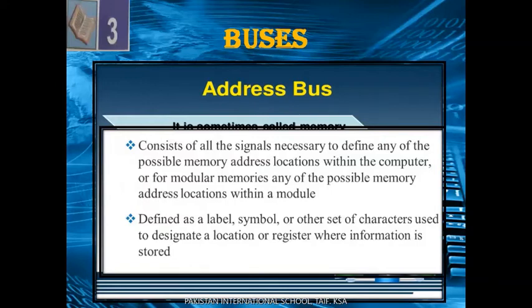It consists of all the signals necessary to define any of the possible memory address locations within the computer, or for modular memories, any of the possible memory address locations within a module. An address is defined as a label, symbol, or other set of characters used to designate a location or register where information is stored.